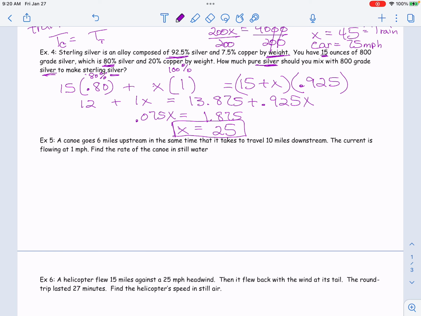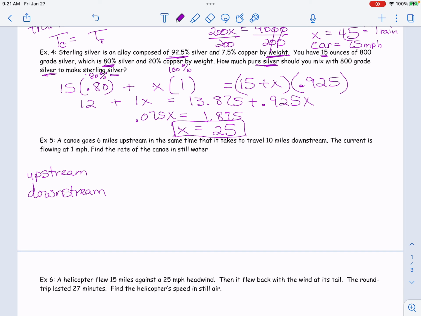Okay, this one, we have a canoe that's going upstream and we have a canoe that's going downstream. This has to do with the current. When you have a current problem, or with tailwind and against tailwind, you have still water.